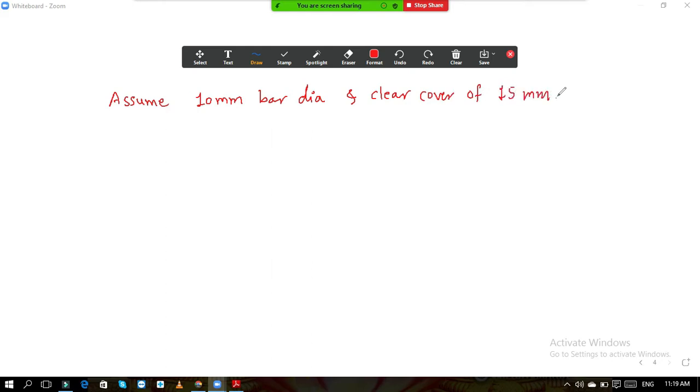So this is the clear cover. So now our capital D, overall depth, is equal to effective depth 142.85 plus clear cover, that is 15, plus 10 by 2, half of bar diameter. So 10 by 2 is 5, 15 plus 5 is 20.